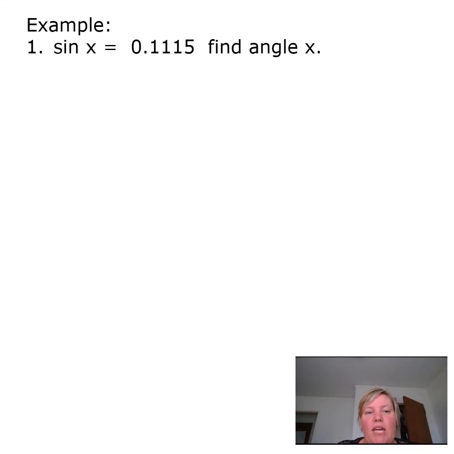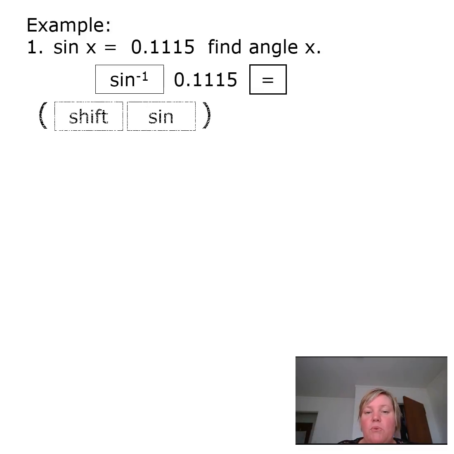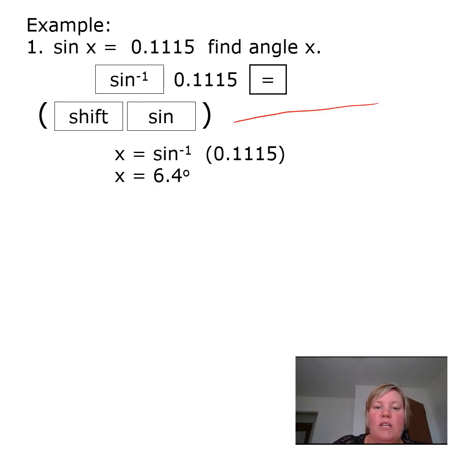Let's have an example of that. If I have sine of x equals this number, I've got to find angle x. So I press sine -1, which is often shift sine, I put the number in, I press equals, and that will tell me that the angle is 6.4. You don't need to worry about this line of working, and you don't really need to worry about this line of working. This one's just to show you how to put it in your calculator. This one's the line you need, and it tells you that the original angle is 6.4 degrees.